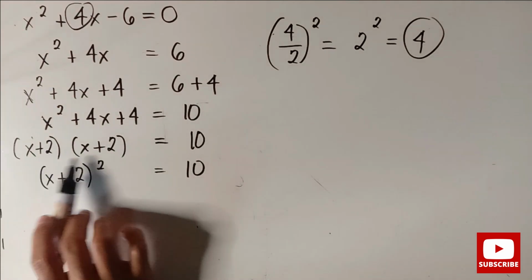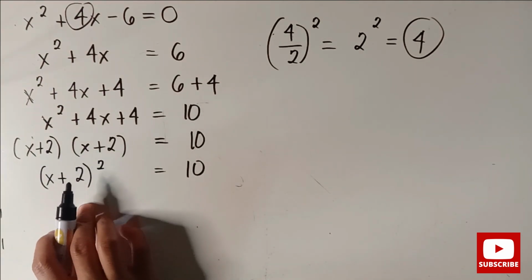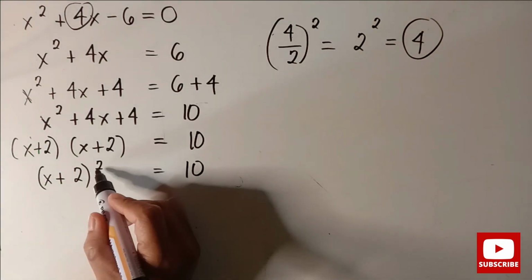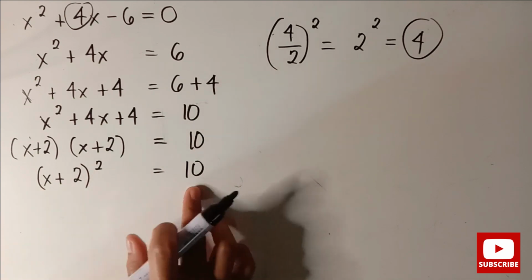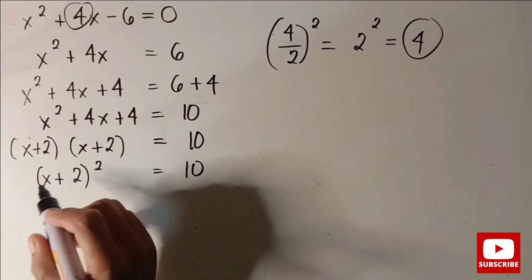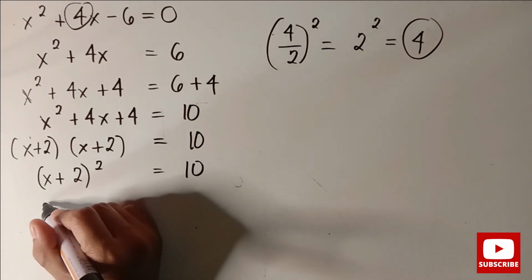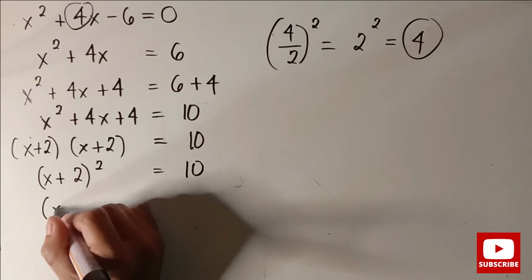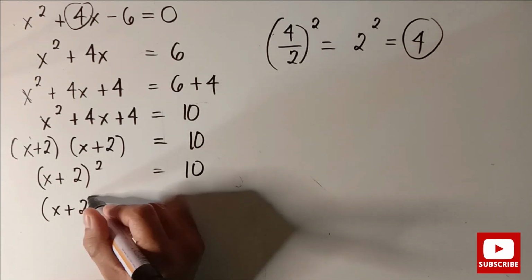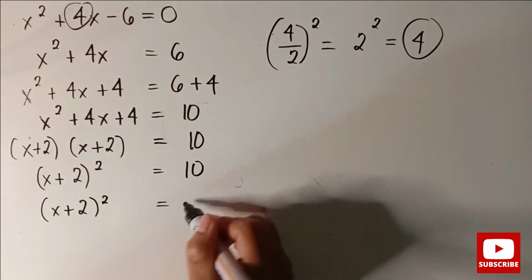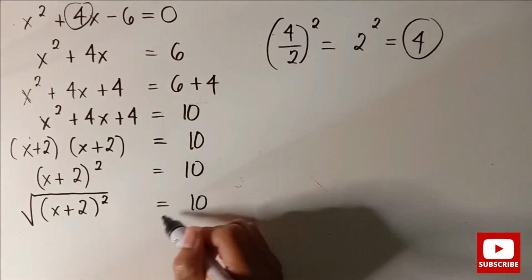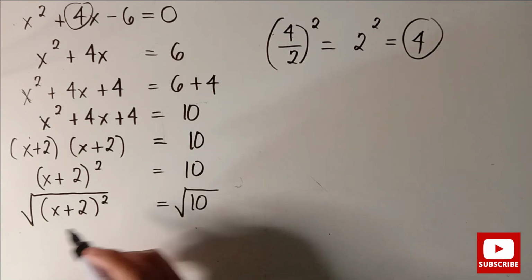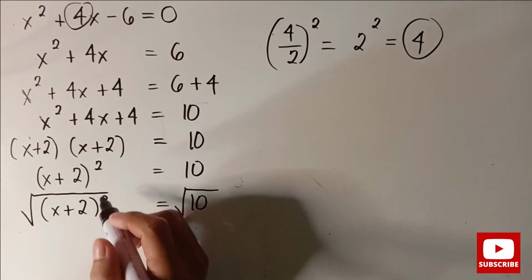Next, to remove this exponent, we will enclose both of the sides with a radical sign.